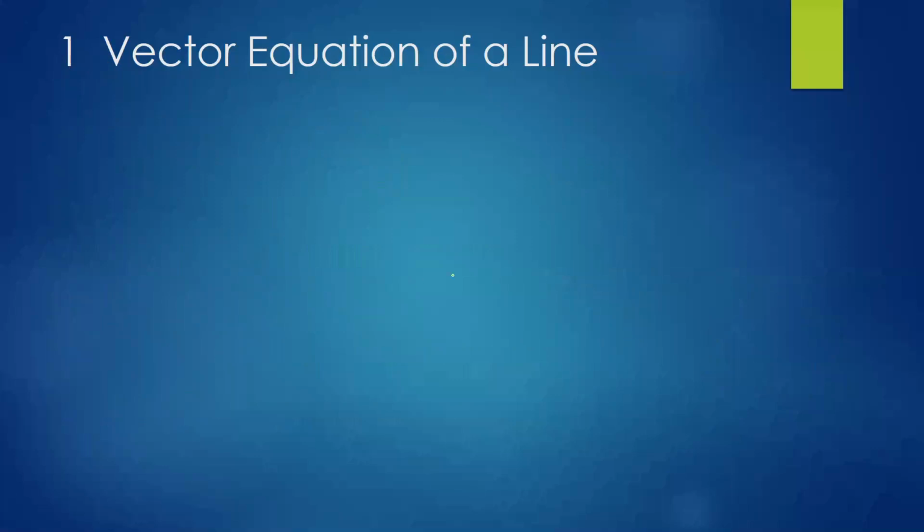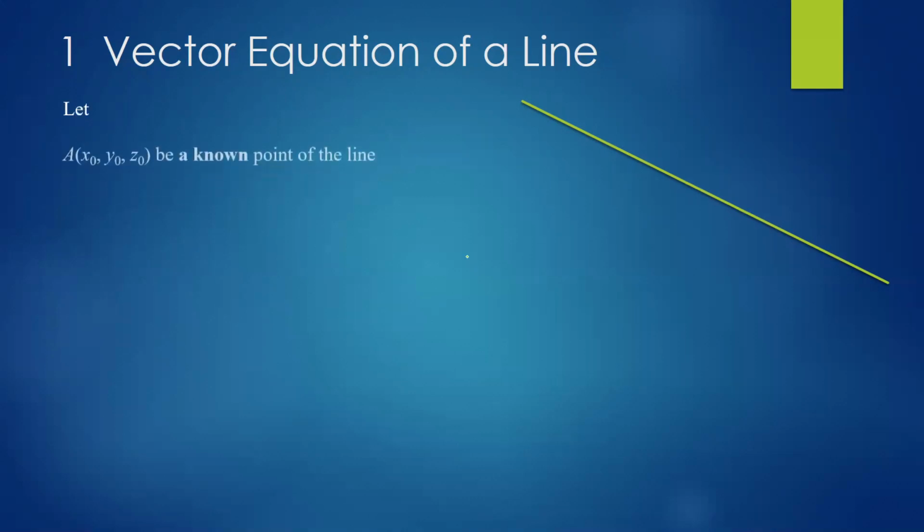And so, the vector equation of a line. We will suppose that we have a line, and then how do we describe the line in 3 dimensions? We already did that in 2 dimensions. So let's suppose that we have one point that we know on the line. Let's call it point A, with coordinates, say, x0, y0, z0.